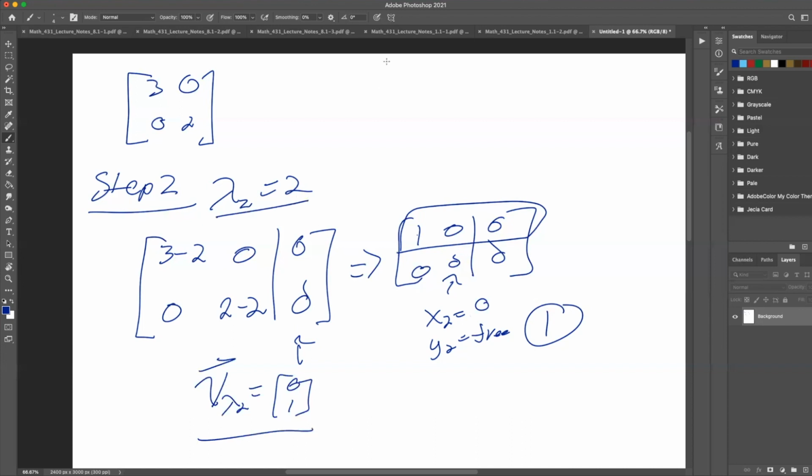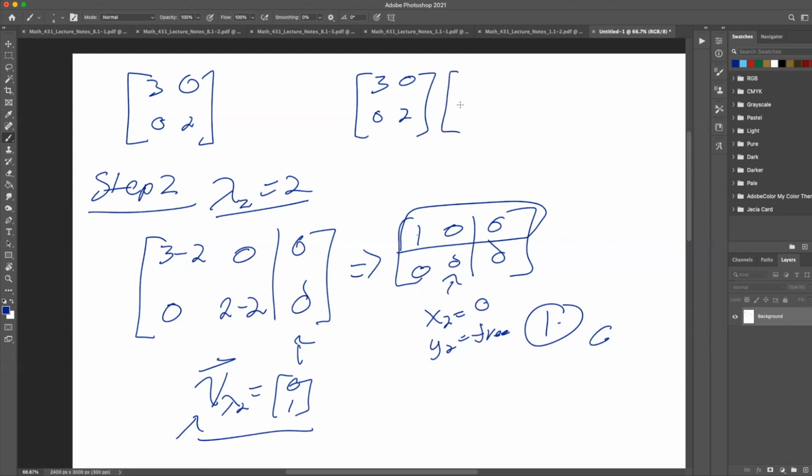And notice this works. Notice this works. So let's say I have 3, 0, 0, 2. And notice that I chose it to be 1. Could I choose this to be, I don't know, 6? Yeah, that would have been fine too, right? So these are unique up to a constant in the sense that it can be any multiple of this.